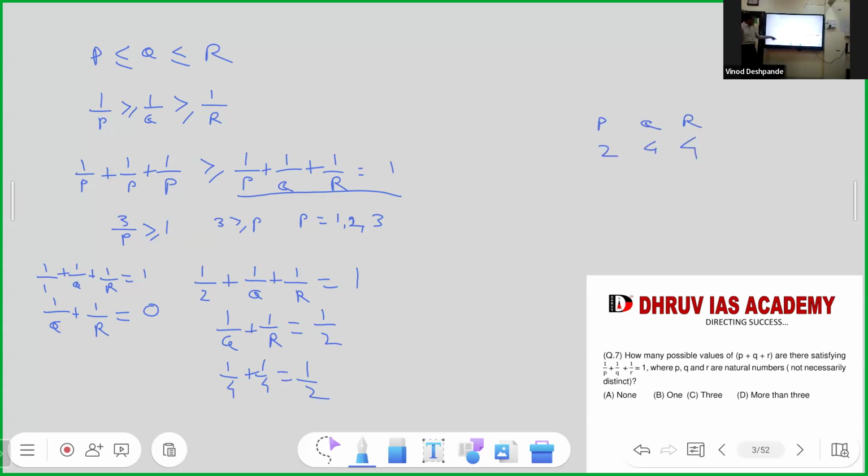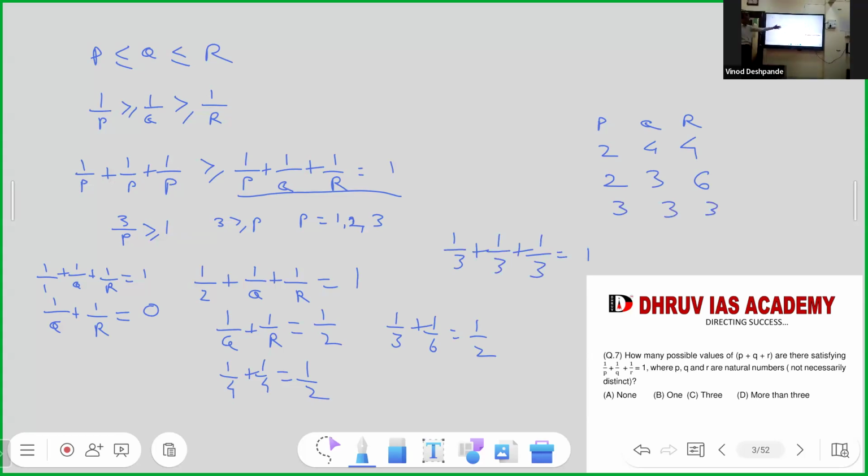Okay, then in the same case, if you have Q and R as 3 and 6, 1 by 3 plus 1 by 6 will also give you 1 half. So another combination is 2, 3, 6. And then third combination can be PQR all equal to 3. So then in that case, it will be 1 by 3 plus 1 by 3 plus 1 by 3, which is again 1. So the third combination is 3, 3, 3.